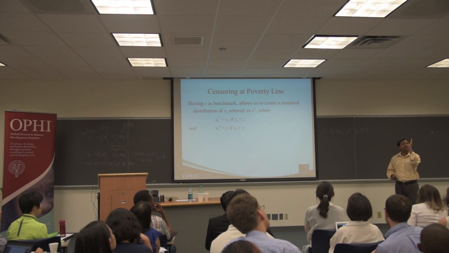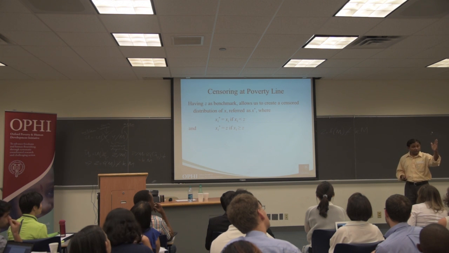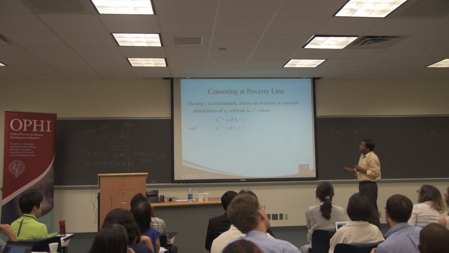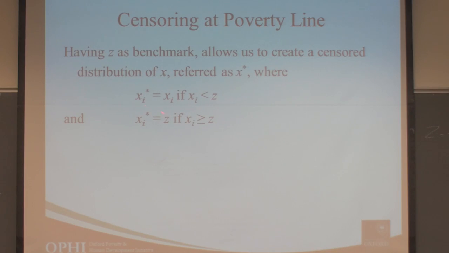What you do is censor them. You assume they have already achieved the required income, so I treat them as equal. They don't need any assistance. So you retain those incomes which are below the poverty line, and you give everybody the same value of Z if they are on or above the poverty line.